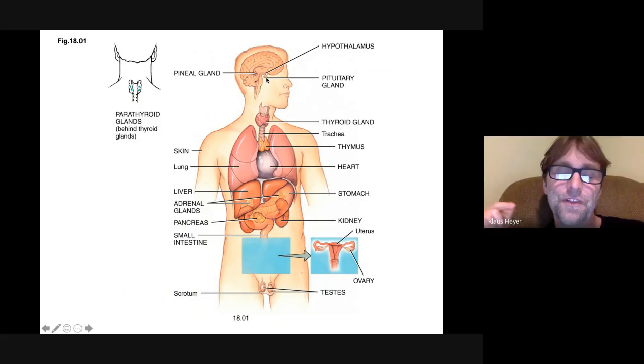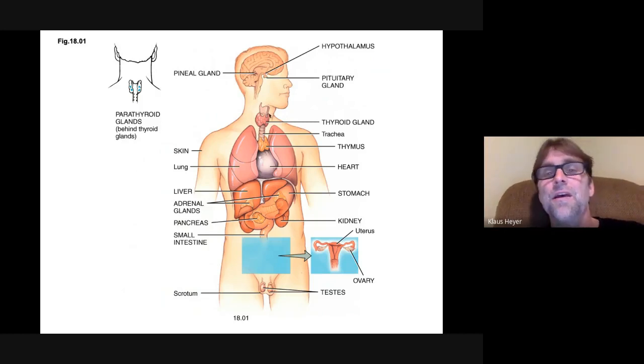It tells the lactotroph, that's a type of cell, to make prolactin. Once prolactin is put into the bloodstream, it's going to go down here to the mammary glands, and that's how the mammary glands know to start making milk.